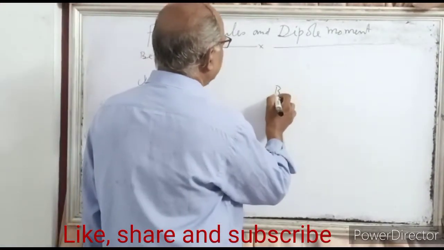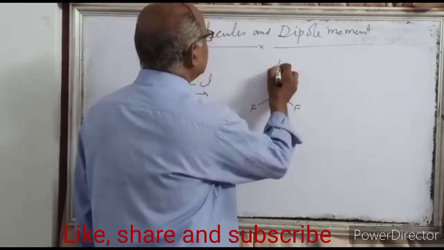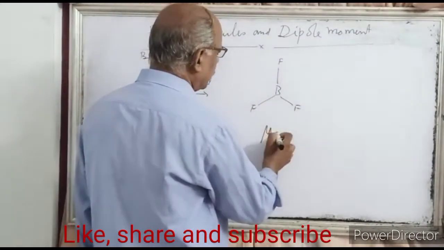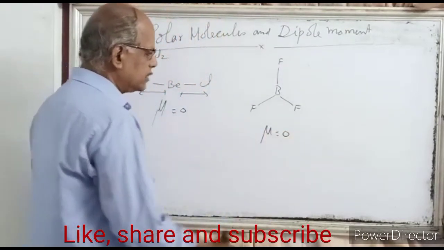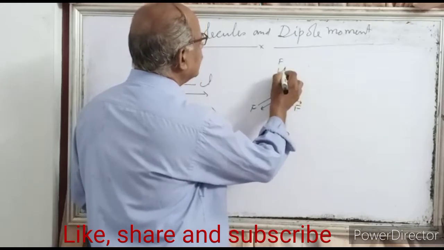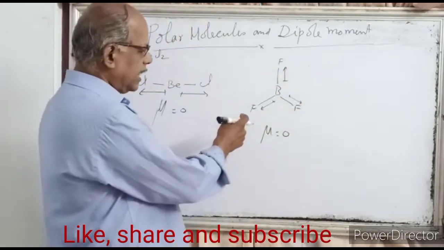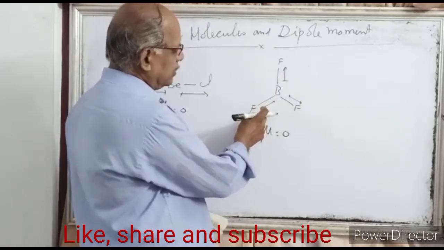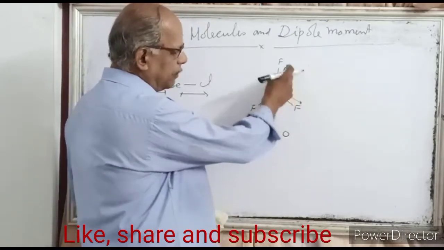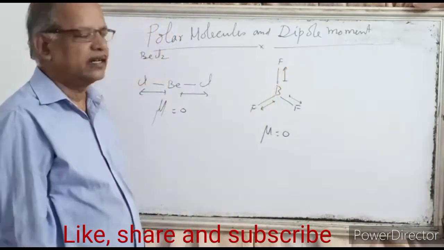The next molecule, BF3. In this case also dipole moment is equal to 0 because there are dipole moments in this direction and this direction. The dipole moment of this one will be equal to the sum of these other two, in the opposite direction, so they cancel.